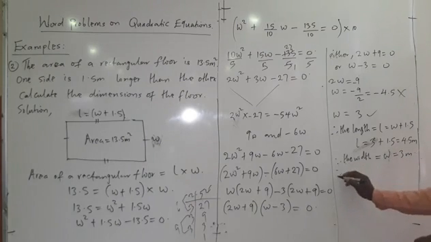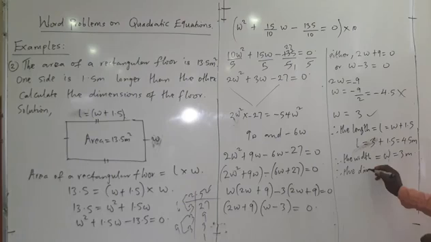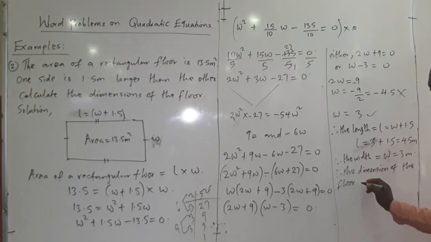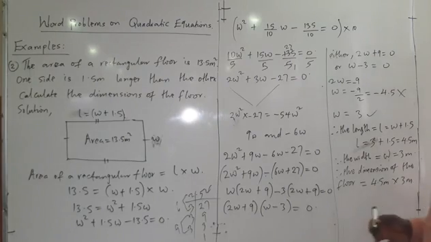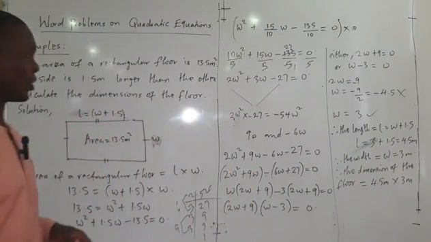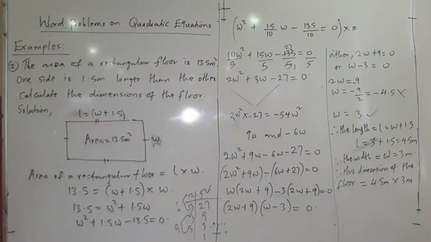So the dimension of the rectangular floor will now be equal to 4.5 meters by 3 meters. So that is the dimension of the rectangular floor. So this is the end of the second example. So we'll be expecting the third example now.